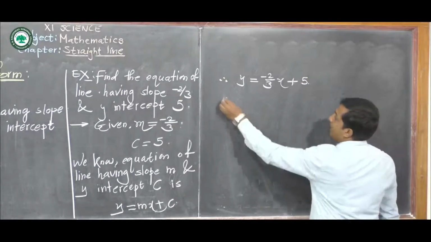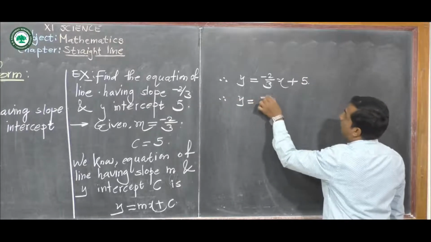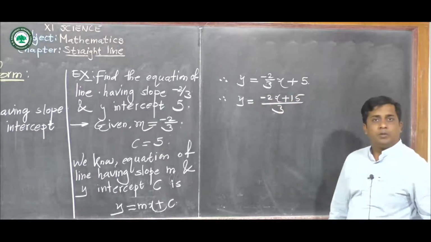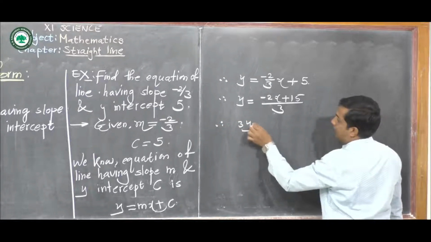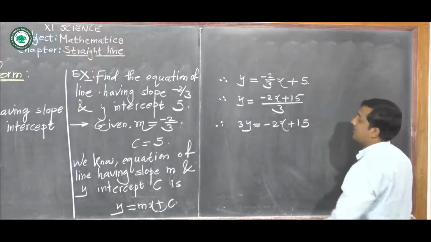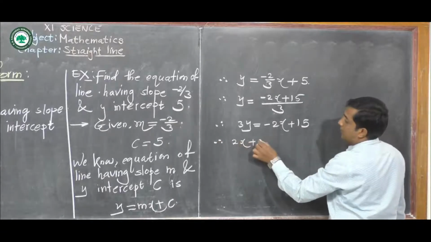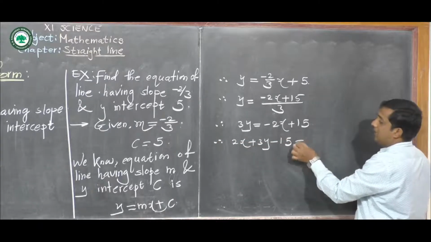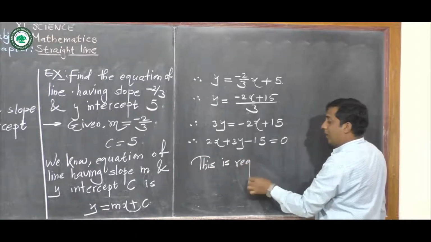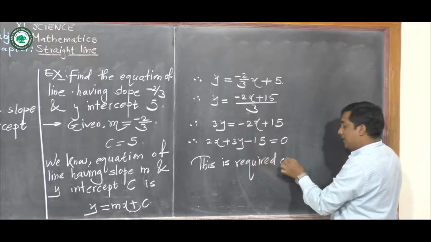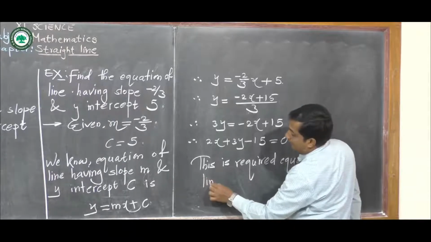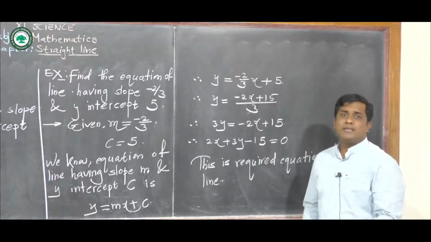Then I write this as y is equal to minus 2x plus 15 upon 3. After solving this, we get 3y is equal to minus 2x plus 15. And in the last step, we get 2x plus 3y minus 15 is equal to 0. This is the required equation of line.